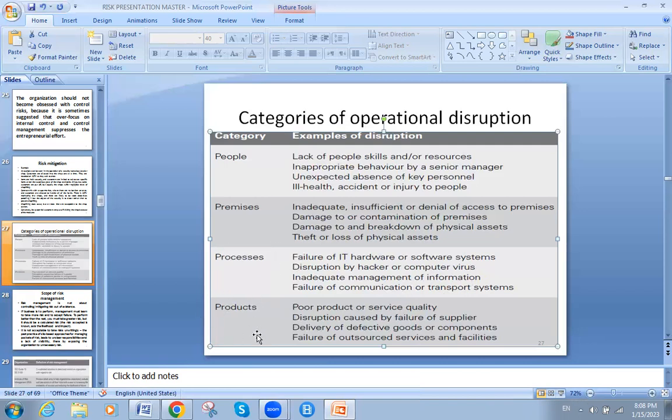The last one is the products: poor product or service quality, disruption caused by failure of a supplier, delivery of defective goods or components, and failure of outsourced services and facilities. So these are the examples of disruption, and the disruption falls into four categories that start with the letter P: people, premises, process, and products. Of course, these problems, disruptions, or hazards will lead to risk, and the risk will lead to loss. So that is the point.